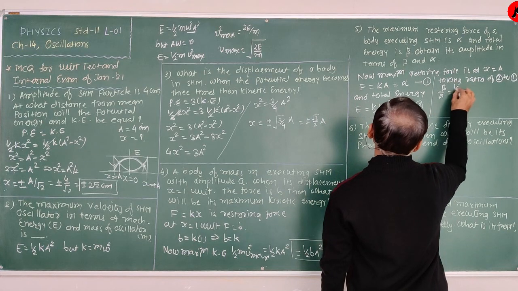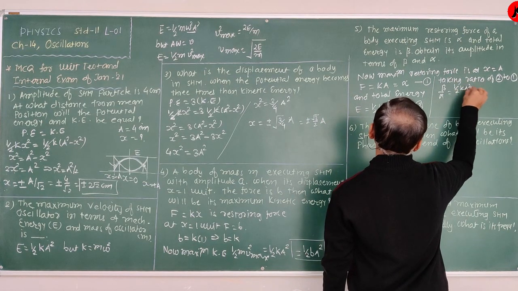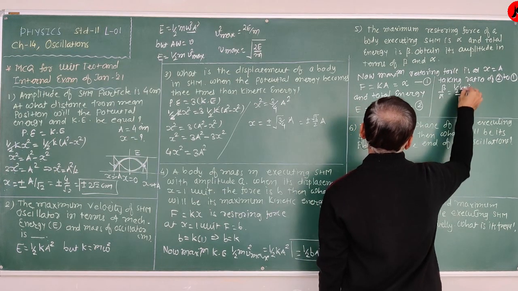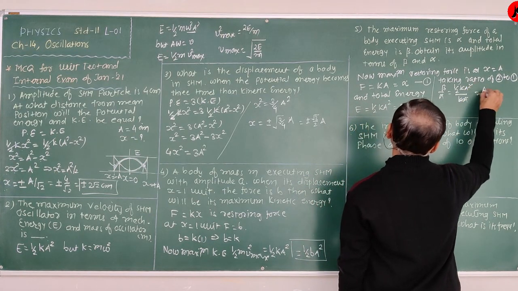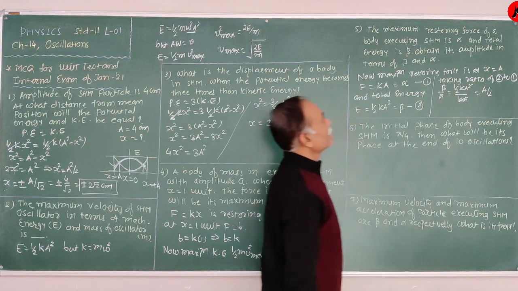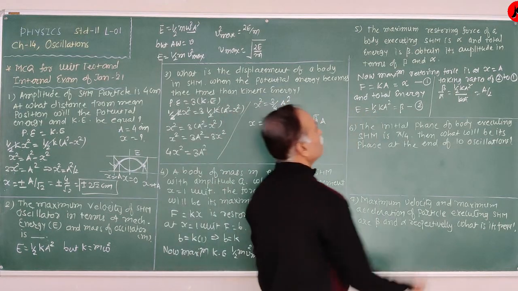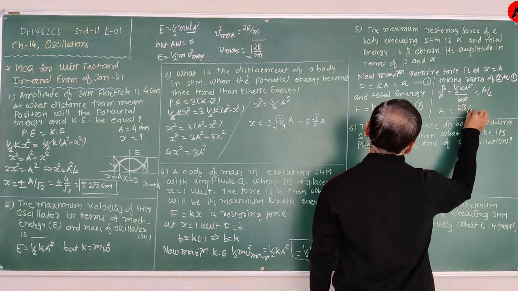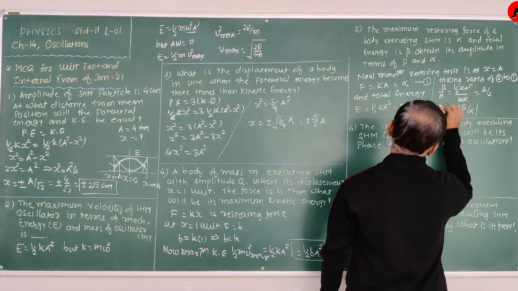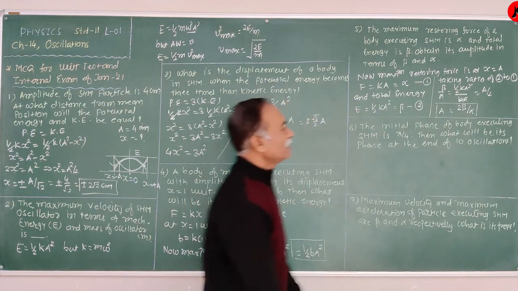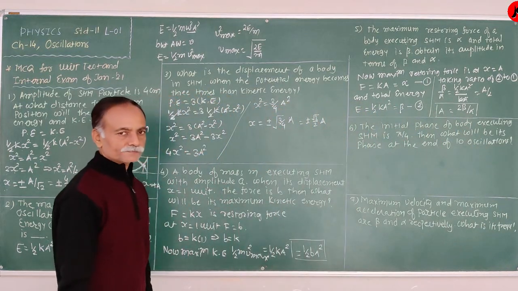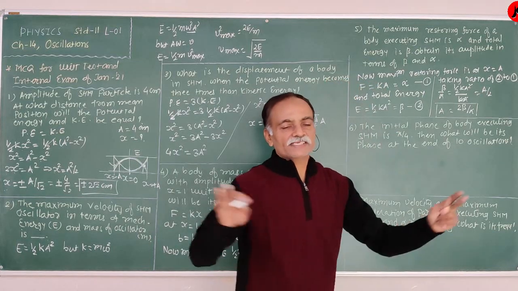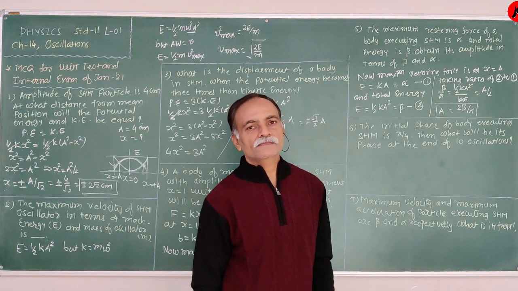Beta is equal to half k A square upon kA. So k cancels, therefore A by 2. Therefore, amplitude A is equal to 2 beta upon alpha. 2 beta upon alpha.